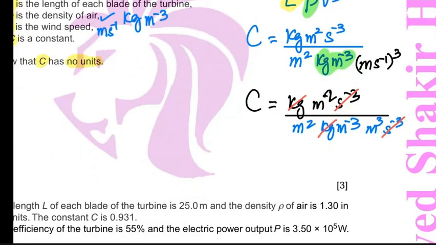So basically m to the power plus 2 will cancel with m^2, and then s^-3 will cancel with s^3. So C is left with no units.